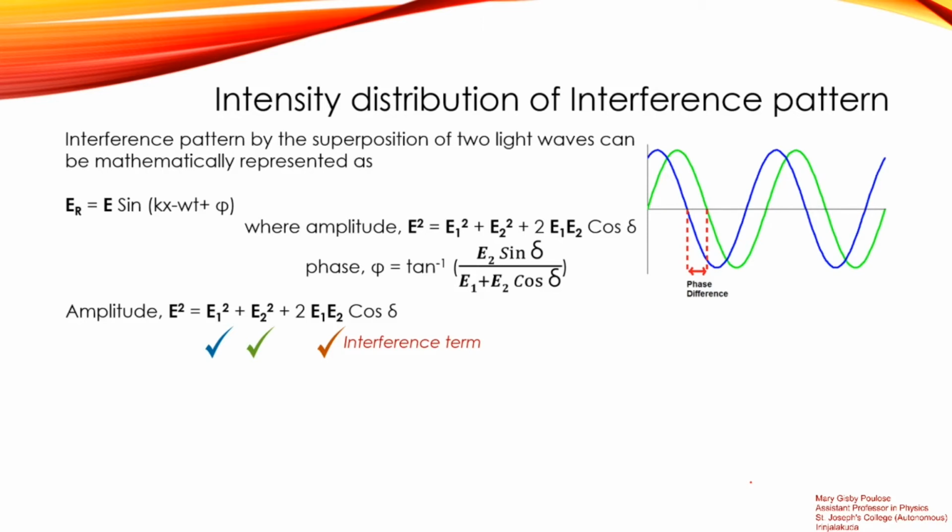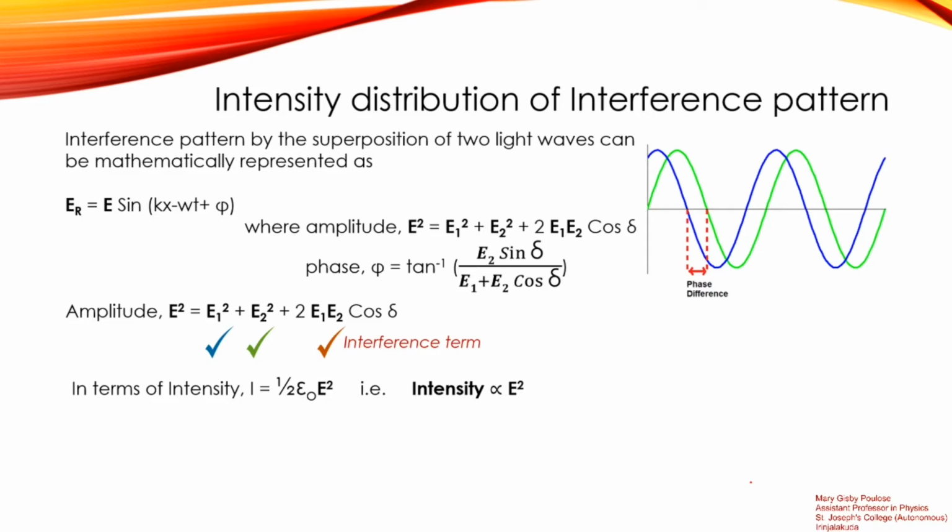In nature, we cannot observe the amplitudes of light waves. We can only see its intensity. Hence, in terms of intensity, we have the relation I = ½ ε₀ E².